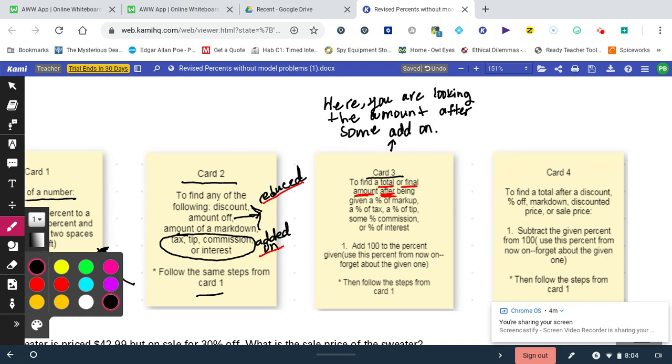This means that you're trying to find a total after some add-on, okay?